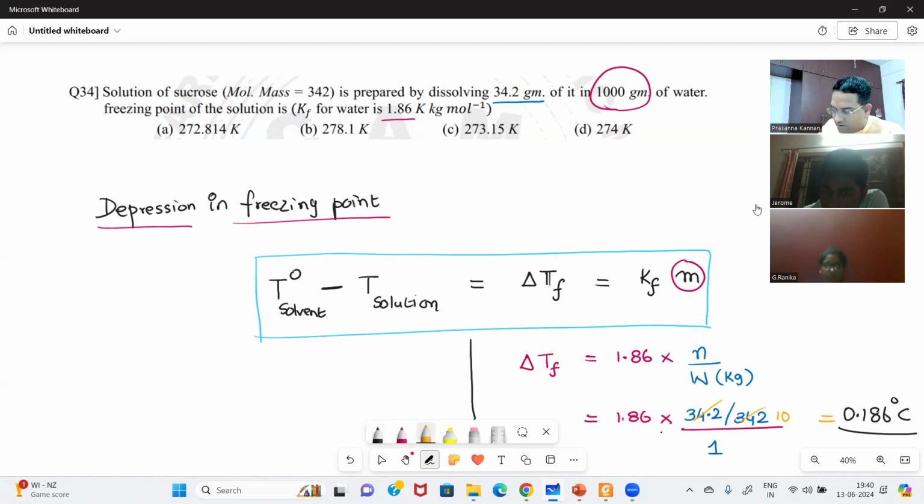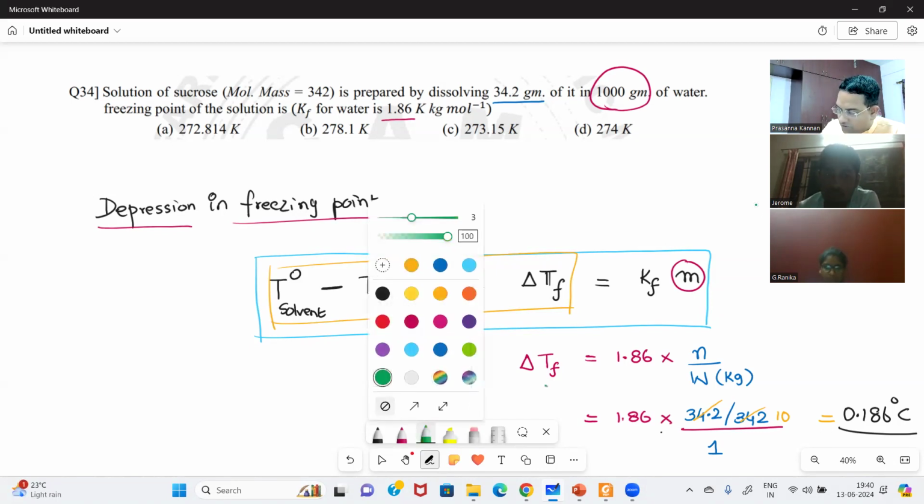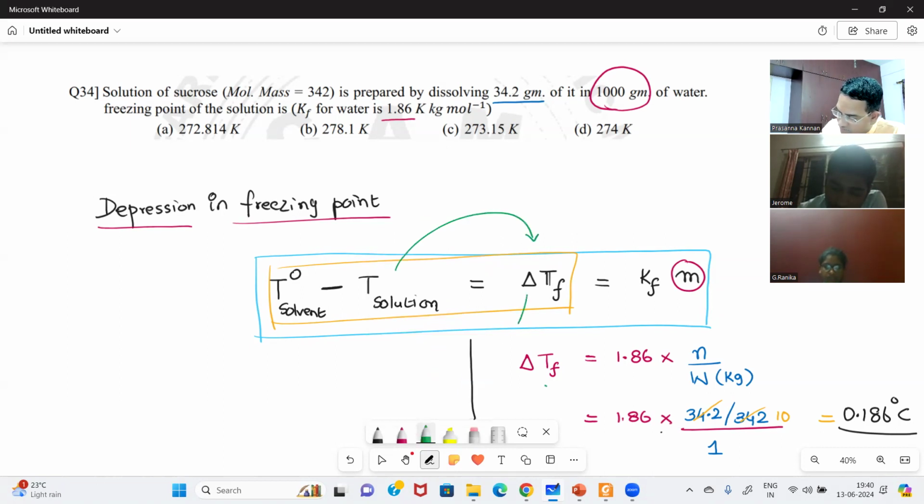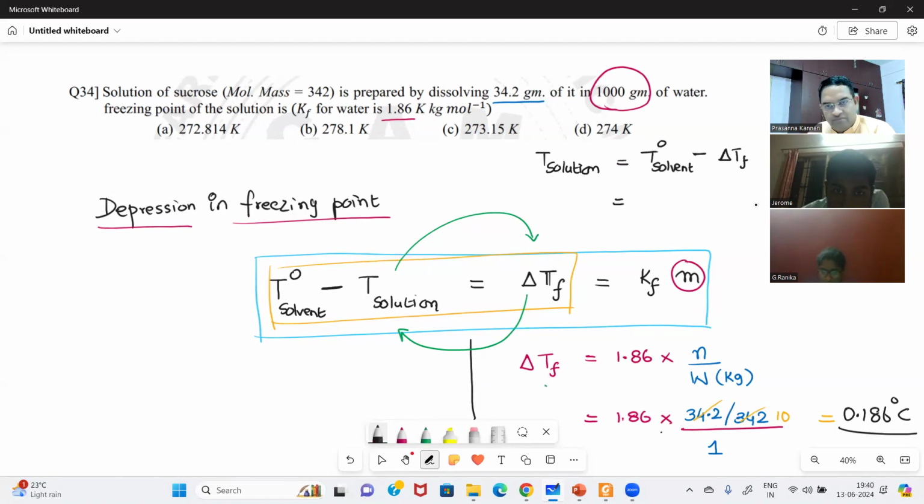So now come to this formula. You want to find the temperature at which your solution freezes. So bring T solution this side, take delta T to the other side. So the temperature at which your solution is going to freeze is equal to the temperature at which the solvent is freezing minus the depression in freezing point.